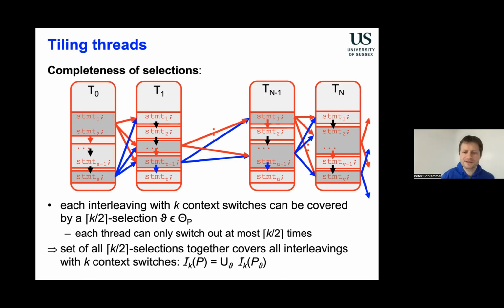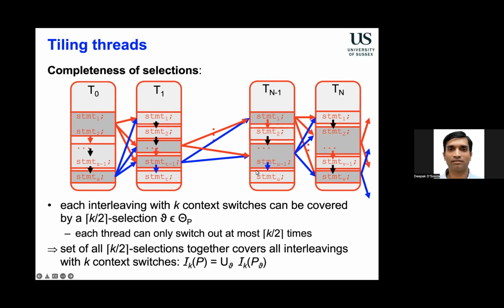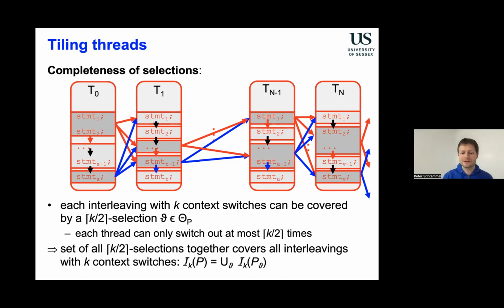Yes, so this is in the encoding, you can actually jump from T0 to T2, for example. Oh, okay, you can do that. Yes, you can go that way. This is already the case in the original CSEQ encoding. This is just simplified.